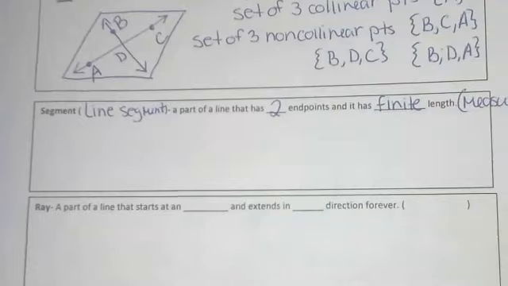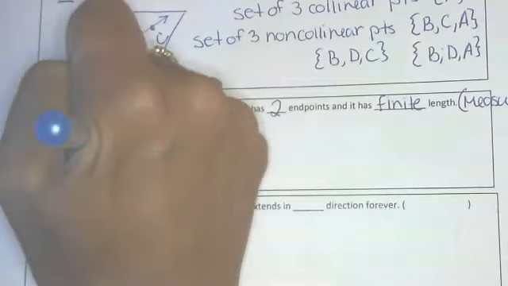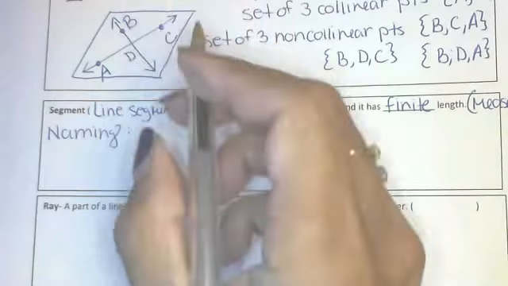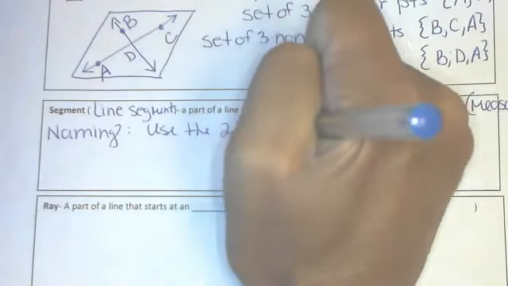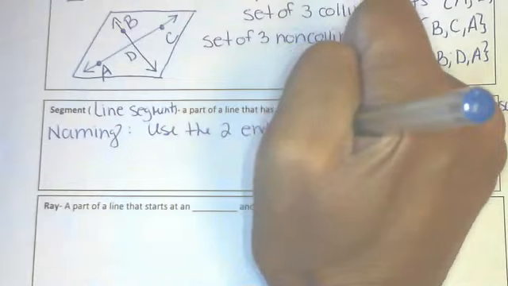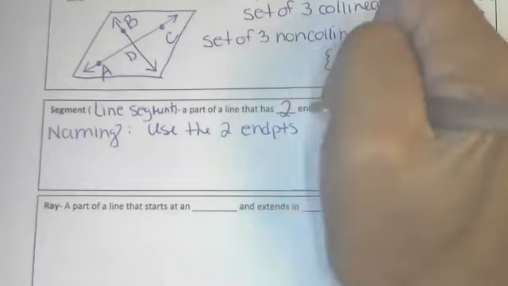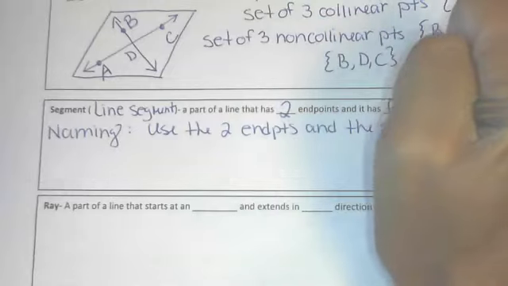You can measure it. So naming a segment, there's only one way to do it. You are going to use the two endpoints. Notice my abbreviation. Point is always going to be PTS. You use the two endpoints and the segment symbol.